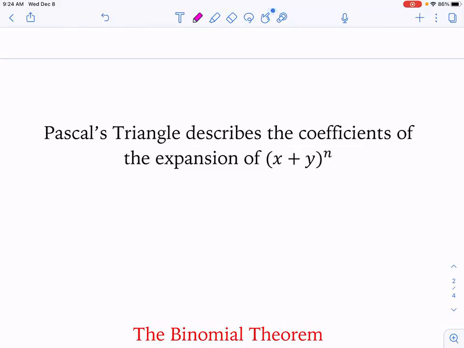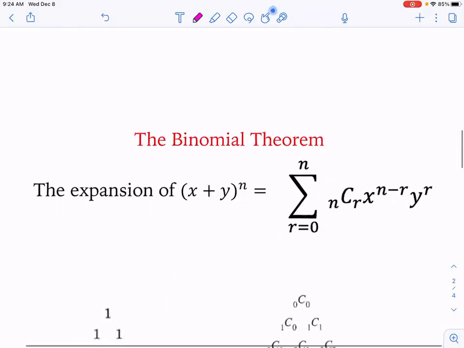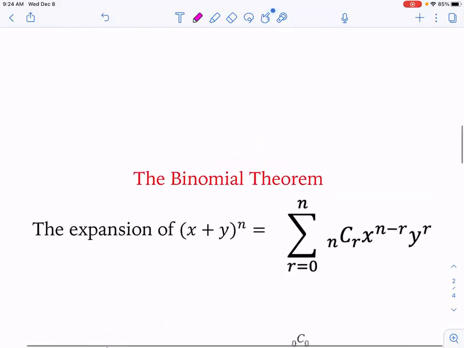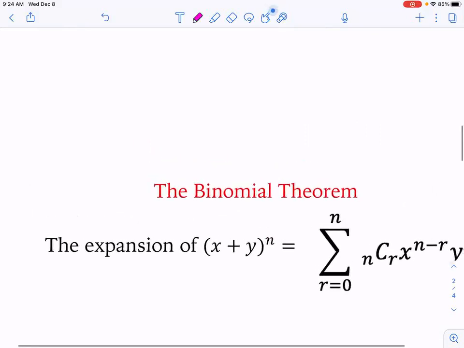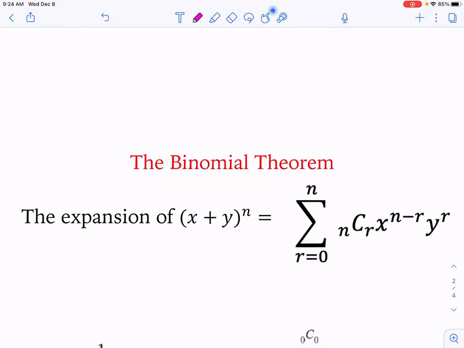Okay, so this is the binomial theorem. This is the binomial theorem. X plus y to the n power is the sum of the combination n choose r, x to the n minus r power, y to the r.